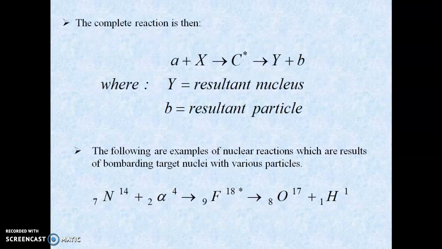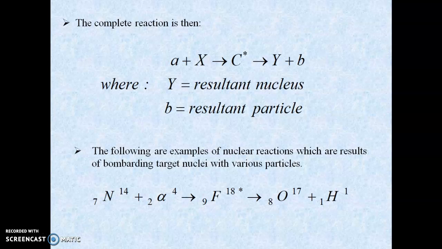So the complete reaction is then written as A plus X forms a compound nucleus, and then because of that excess energy, the compound nucleus gets rid of it, and a product nucleus and a product particle are formed, where Y is the resultant nucleus and B is the resultant particle.